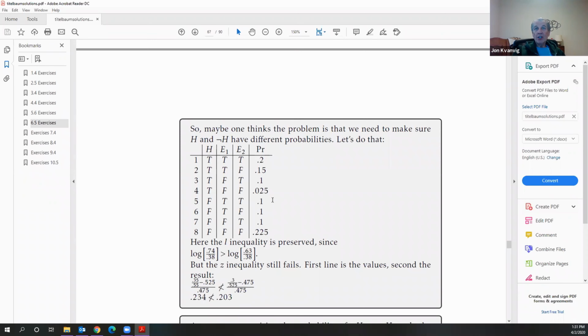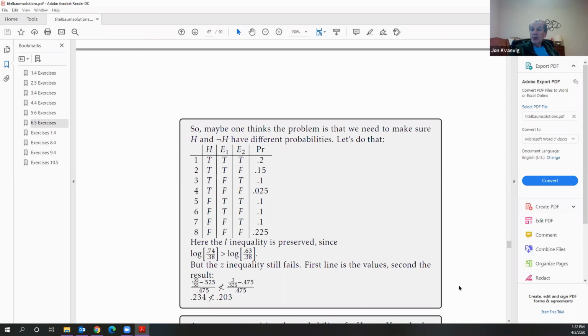Notice I changed some of the values. So I gave some lines a little more value and some a little less, and I got the same result. So the L inequality is preserved going in one direction, but the Z inequality doesn't go in the other direction. So that one didn't work either.